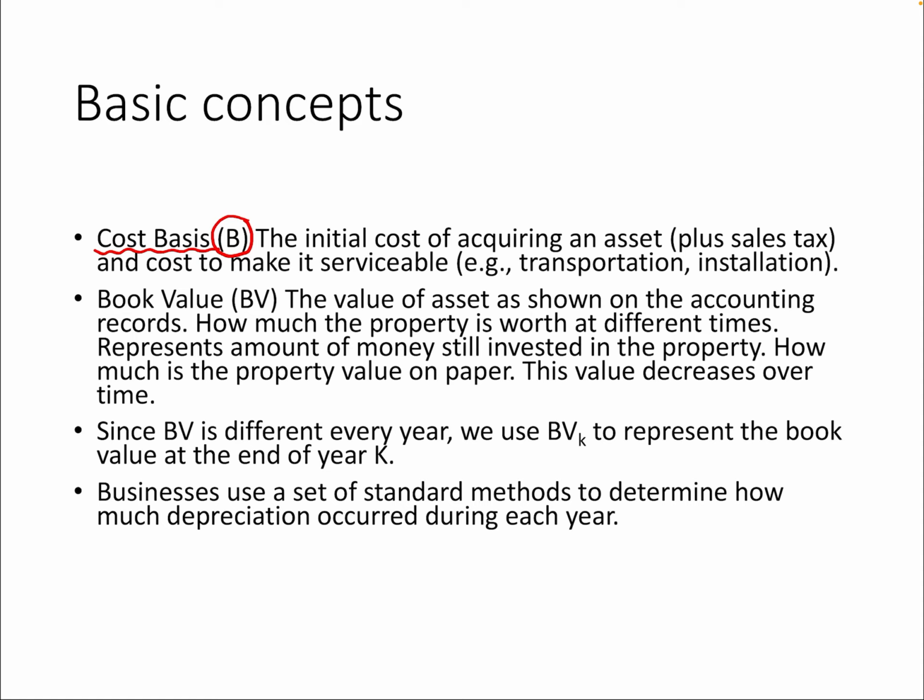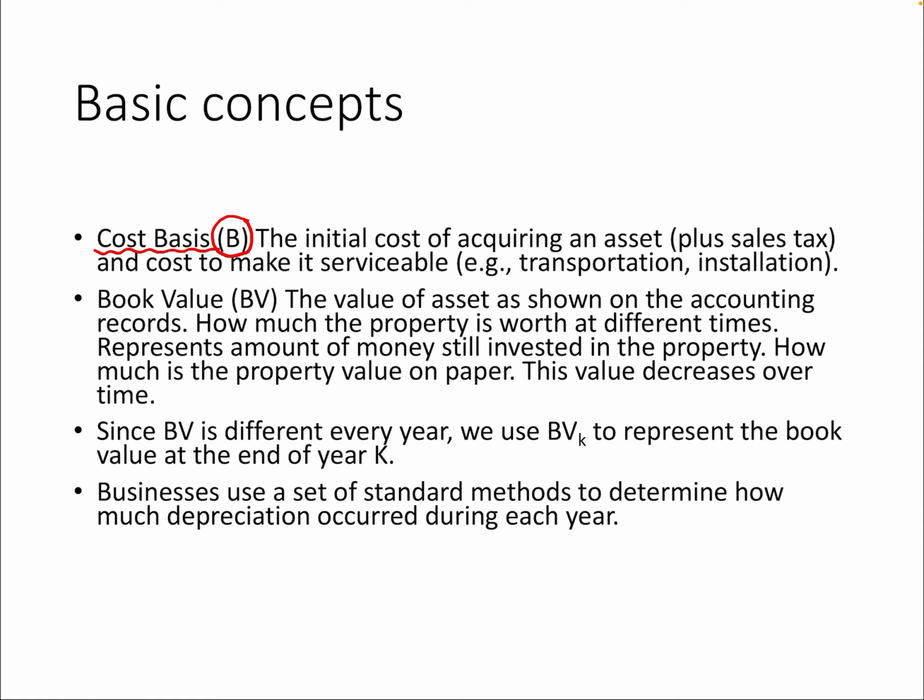So for example, if you buy equipment, your cost basis is not just the price of that equipment. It should be the price of that equipment plus the sales tax plus the delivery fee for the sellers to transport that equipment to your site, and for them to install it so that the equipment can run.